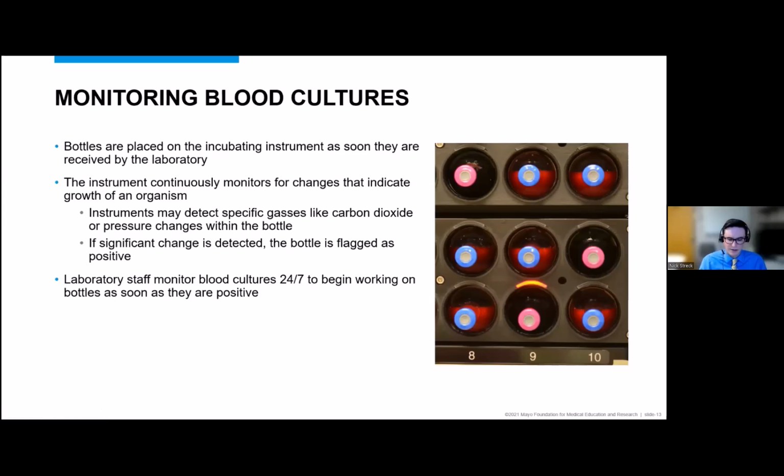And because of the critical nature of sepsis and the urgency of bloodstream infections, we are monitoring this 24/7 in the laboratory, so that as soon as a blood culture is identified as having bacterial growth, we can initiate the downstream workup to provide information to the healthcare providers.